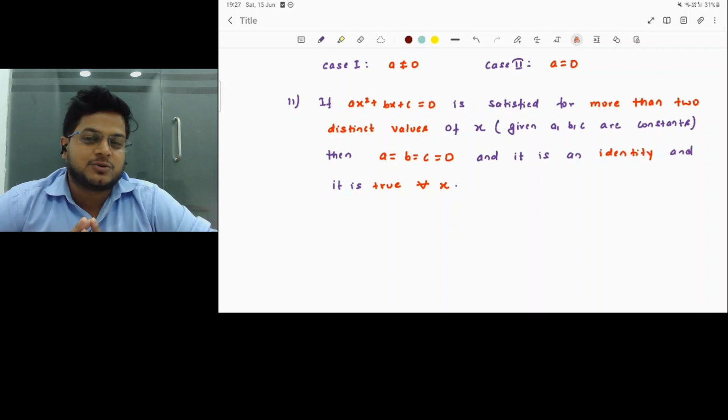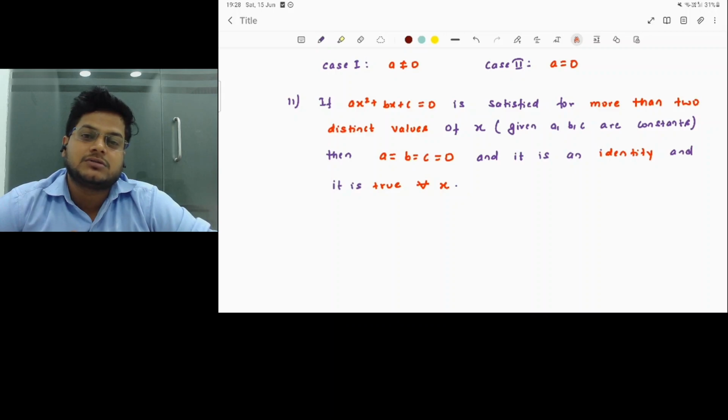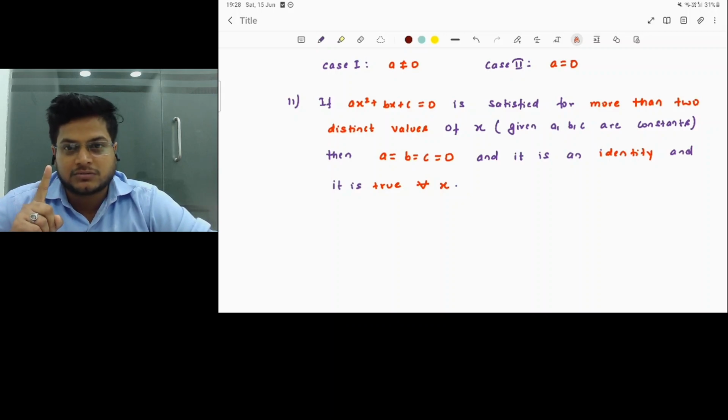Still, a quadratic has only 2 roots, but you are getting 3 roots. It means that a is bound to be 0. Now somebody will say, okay, let us say that b is not 0. If b is not 0, then you will get a linear expression. A linear expression has how many roots? One root, right? But you are having more than 2 roots.